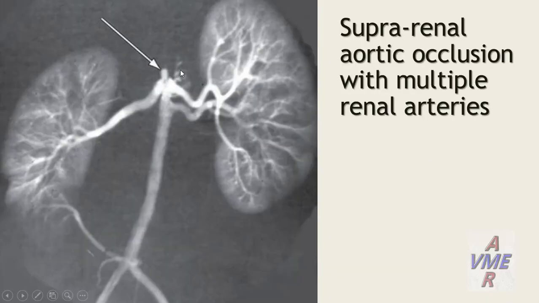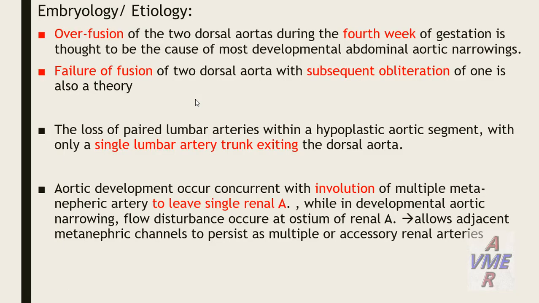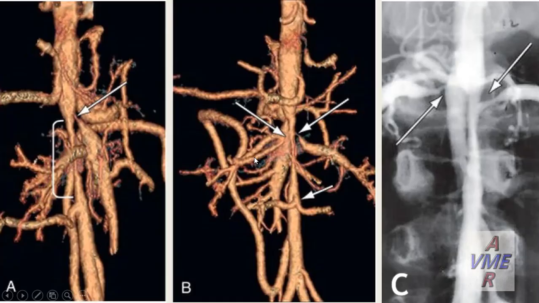This is a picture of hypoplasia of the aorta with multiple accessory renal arteries. Loss of the paired lumbar arteries within the hypoplastic aorta, with only a single lumbar artery trunk exiting the dorsal aorta. This is a picture of intrarenal aortic hypoplasia with a single lumbar artery.